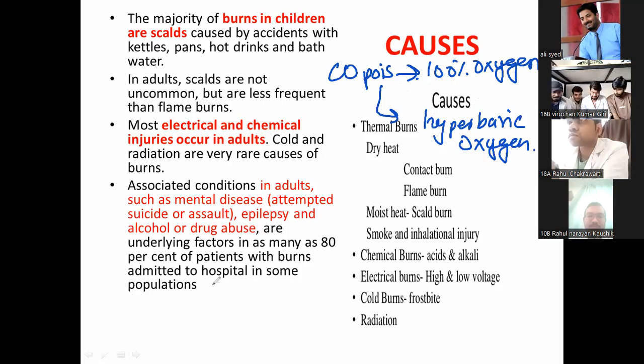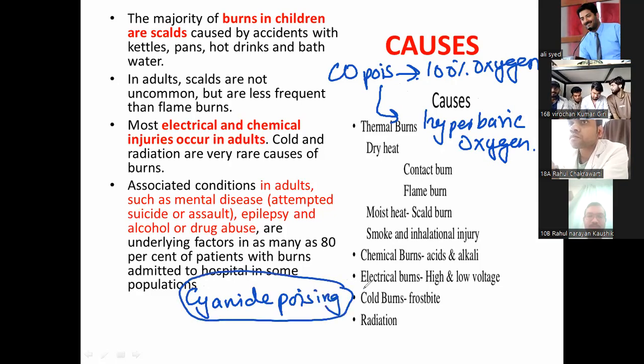But sometimes the patient can develop cyanide poisoning also. Cyanide is present in your paints. So when there are any fire victims, the patient can develop cyanide poisoning also. And for management of cyanide poisoning, what are you going to do?